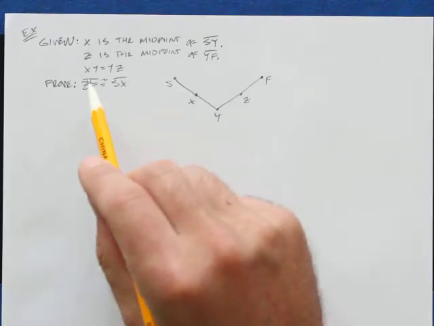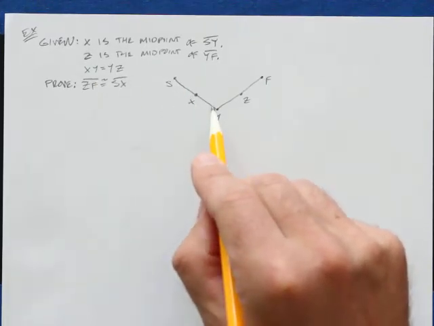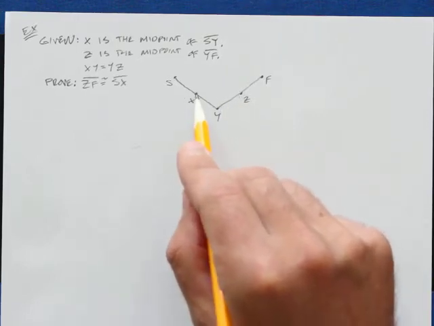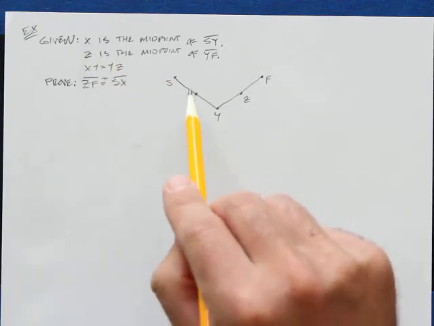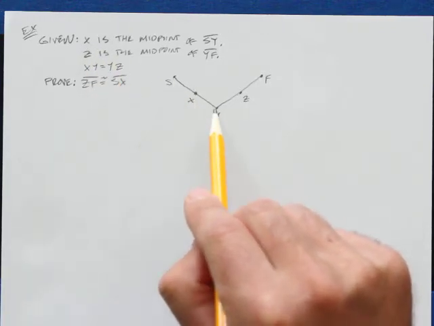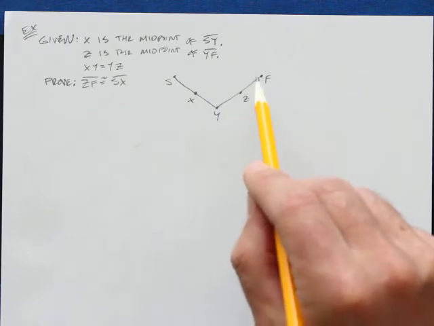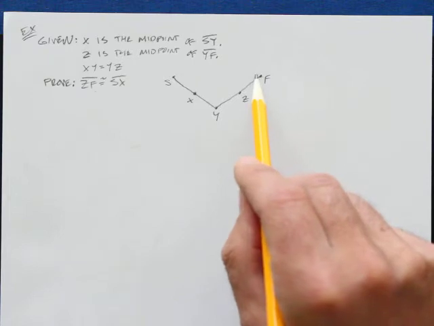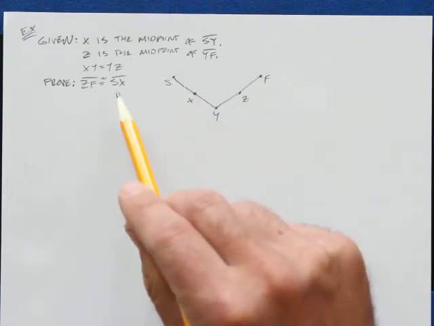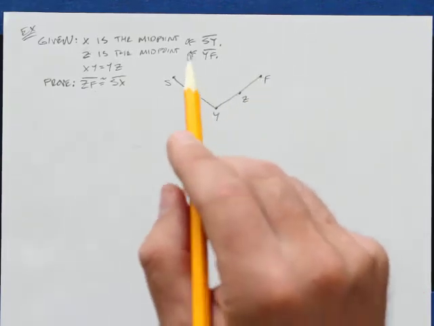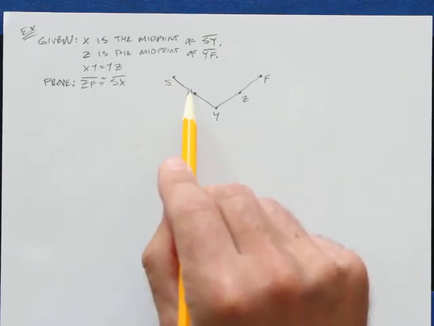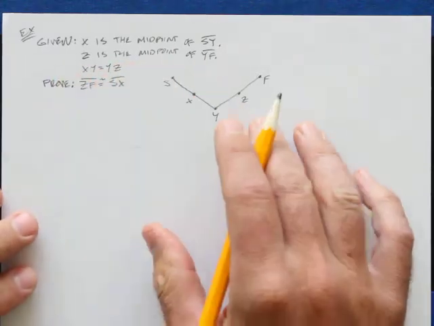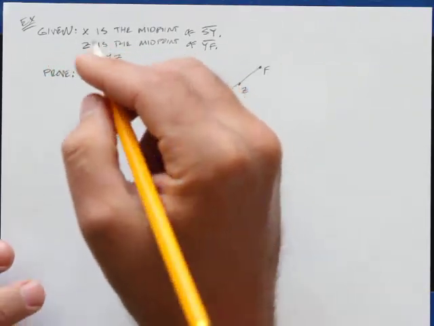Now we know that XY is the same distance as YZ, that X is the midpoint of SY, and that Z is the midpoint of YF. We're trying to prove that ZF is congruent to SX.